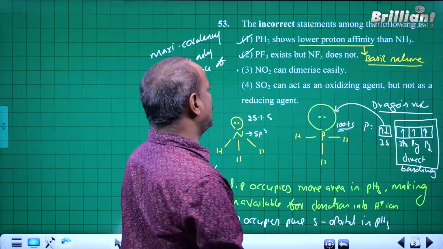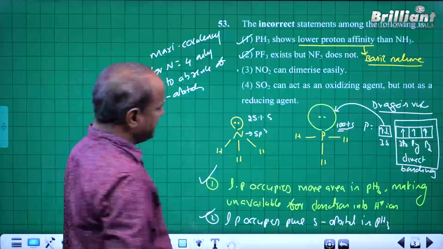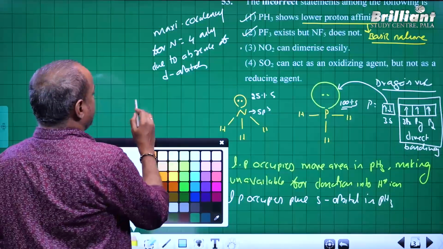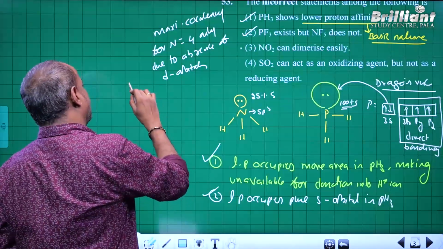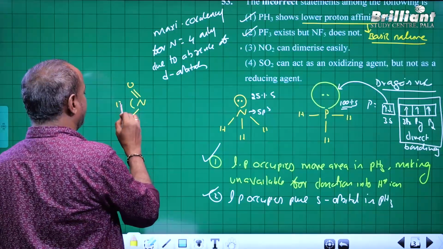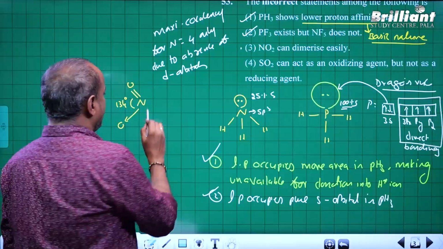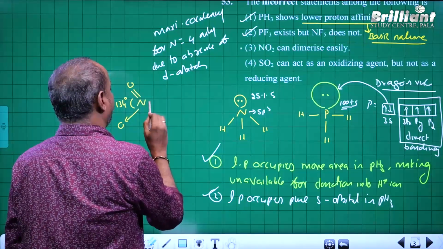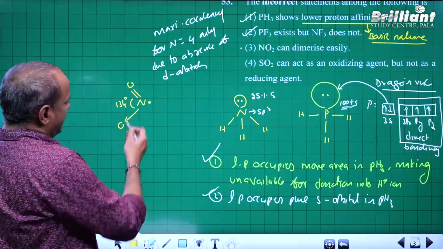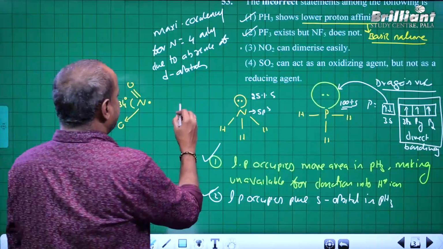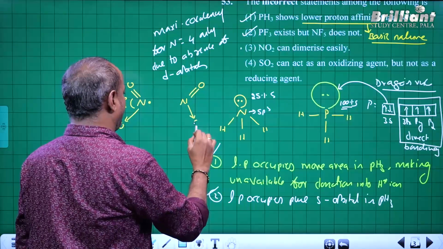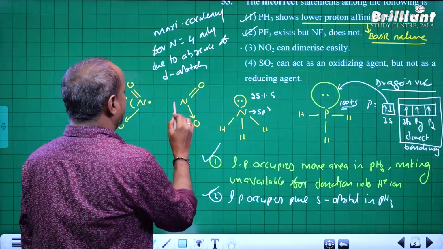Next, NO2 can dimerize easily. Correct one, because NO2 is bent, with an angle of nearly 134 degrees. NO2 has an odd electron, a single electron, like a radical. The second NO2 also has an odd electron.